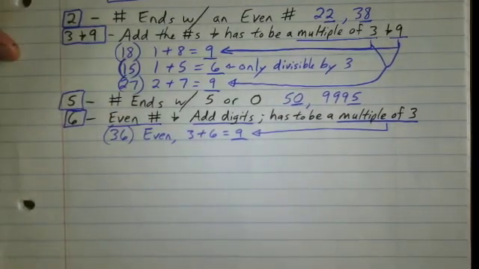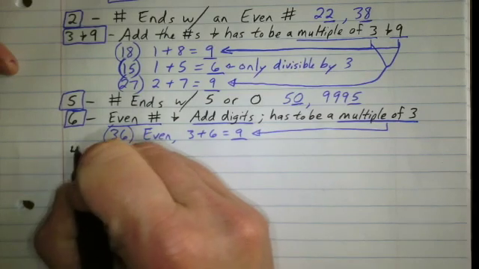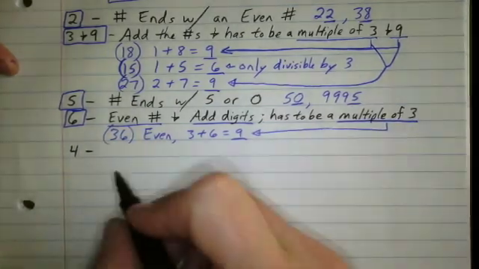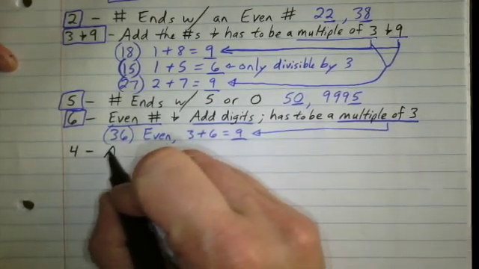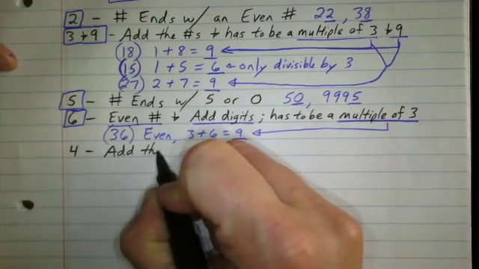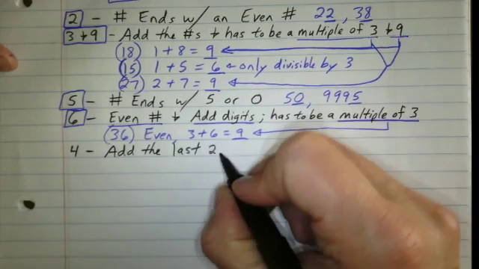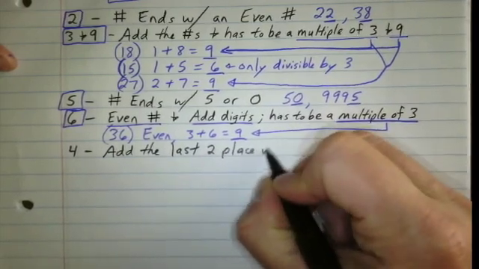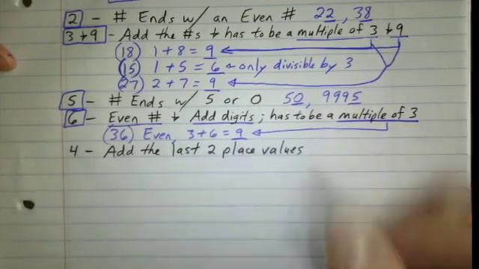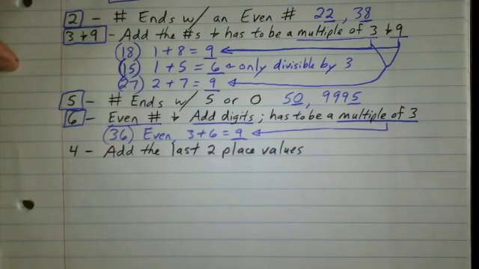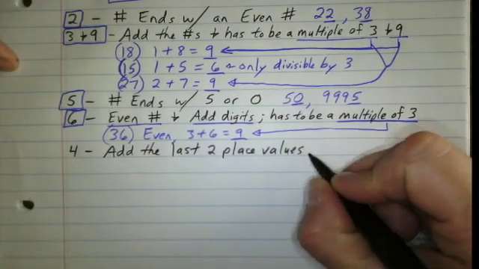4 and 8 are kind of similar, so I saved them for the last. 4, you have to add the last 2 place values. So you're going to add the last 2 place values. And when you add the last 2 place values, it has to be a multiple of 4.